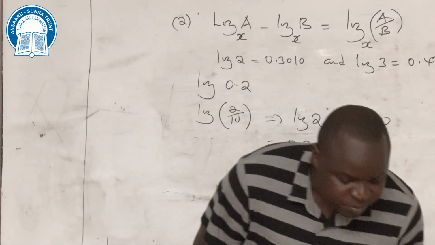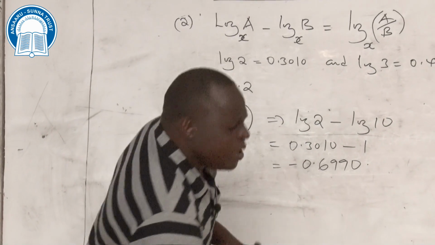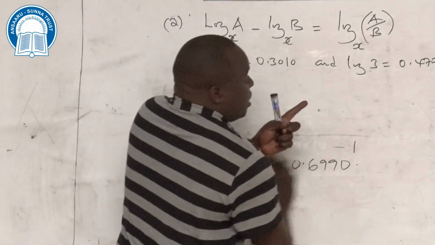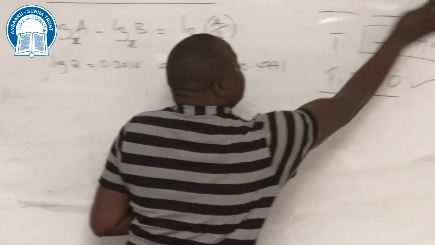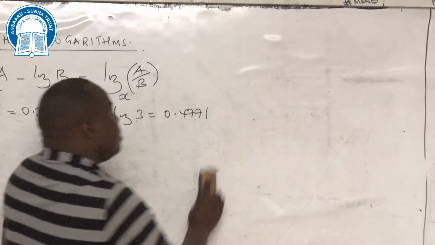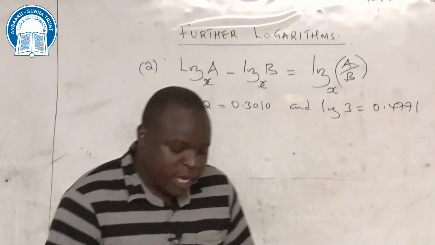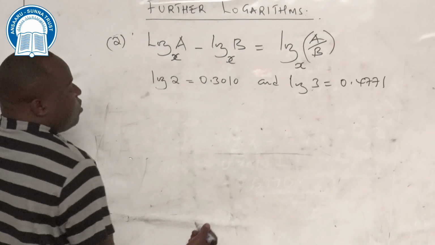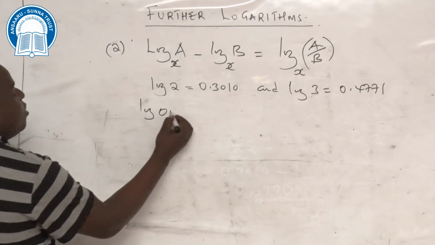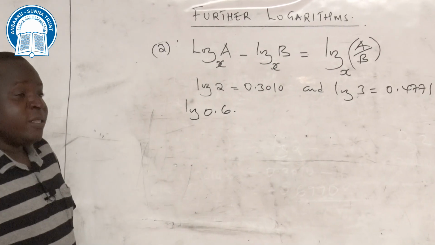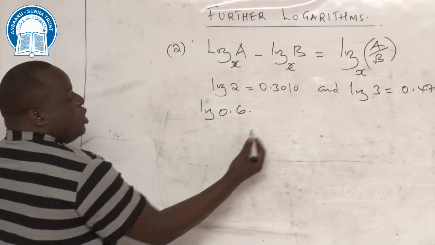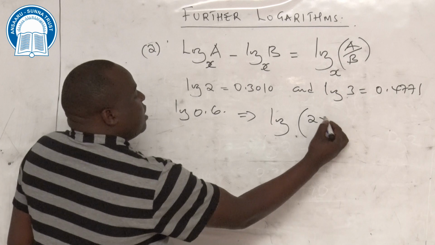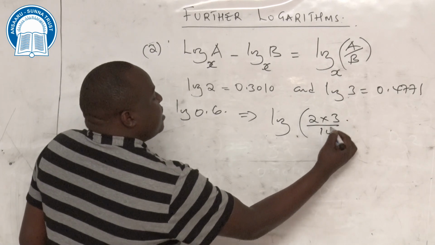Okay, next one. Next, I'll show one more example, then move on to the next thing, the one that involves the process I just explained here. So look at this question. My next question is, we are supposed to find the value of log 0.6. Then 0.6 clearly should be log of 2 times 3, then divided by 10.